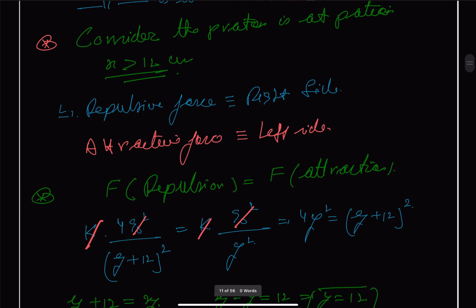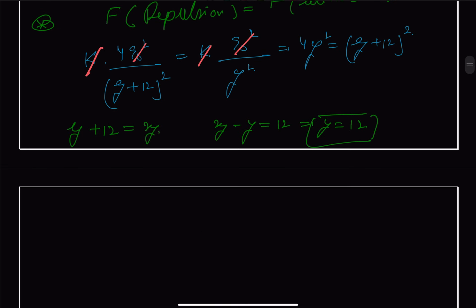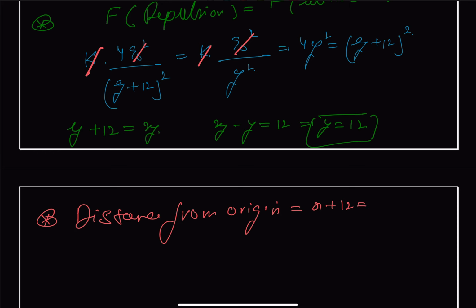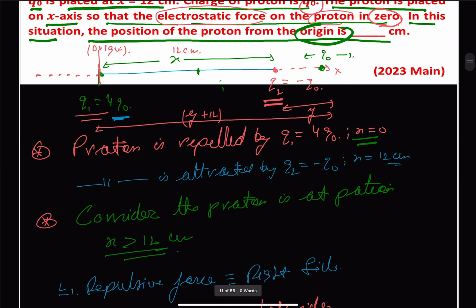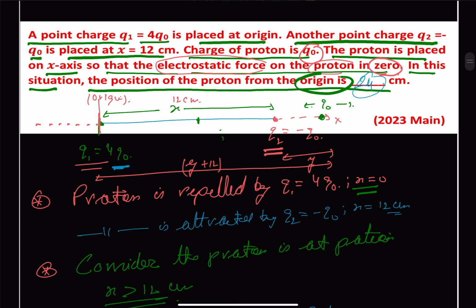So this is correct, not a blunder. Therefore we can say the distance from the origin will be equal to x plus 12, which comes as 12 plus 12, giving us 24 centimeters. This comes as 24. Next question.